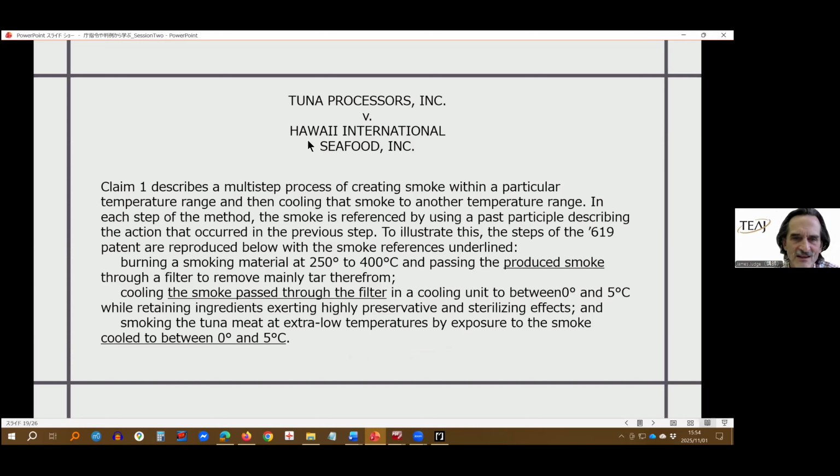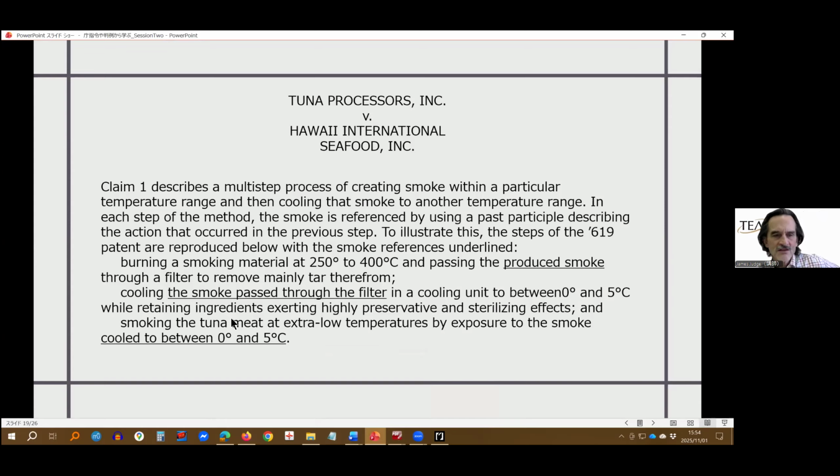And they asserted infringement against Hawaii International Seafood Company. Interestingly, most district court patent lawsuits are handled in Texas, in part because juries there are partial to the patent owner. But this case was in the District Court of Hawaii, which is very nice. It'd be nice to be a lawyer who gets to go to Hawaii and argue a case there.